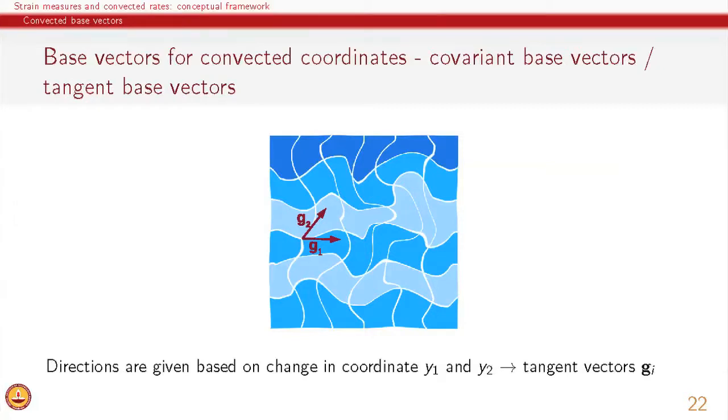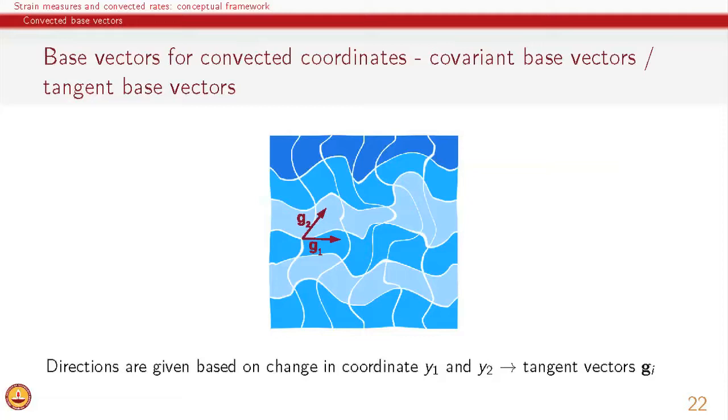In this case, for example, these are the curves along which the y1 coordinate is changing, and these are the curves along which y2 is changing. So, we can see at any given point this g1 indicates the direction along which y1 changes, and this will keep on changing at each and every position. Of course, this is at one time snapshot tau, and this will keep on modifying when you go from one snapshot to the other.